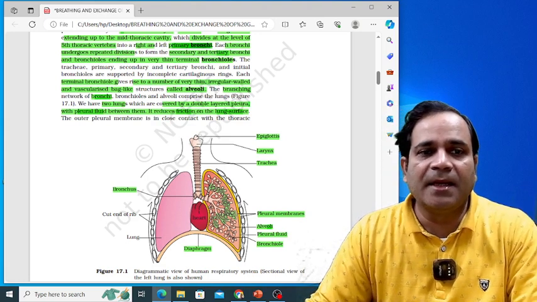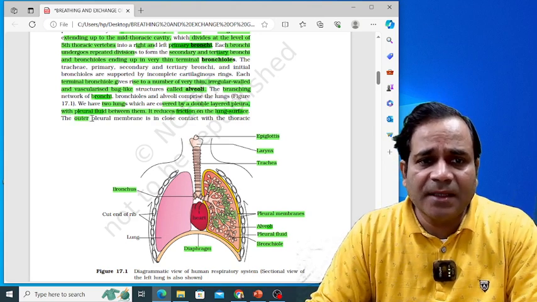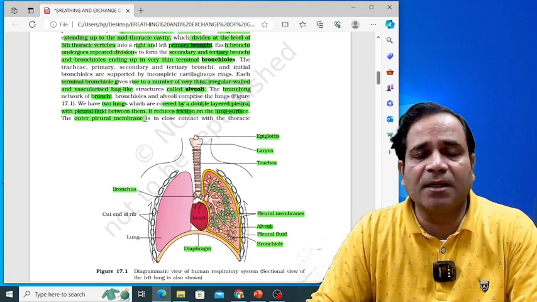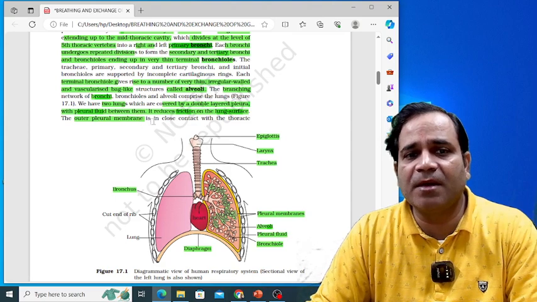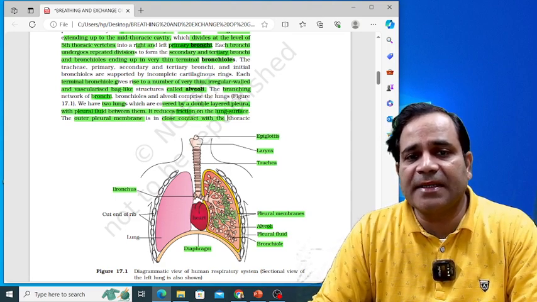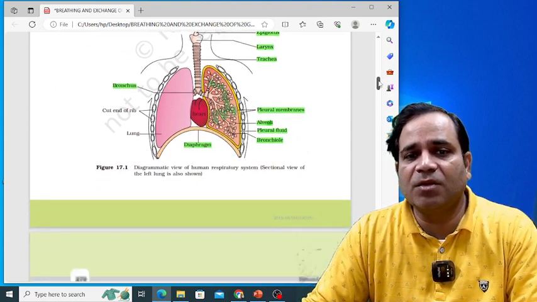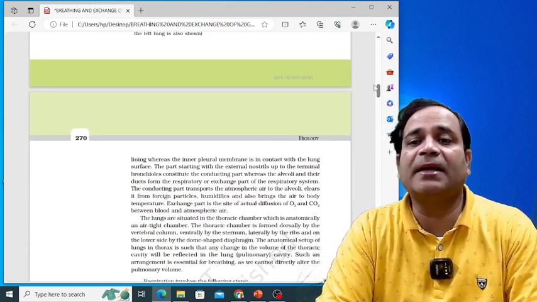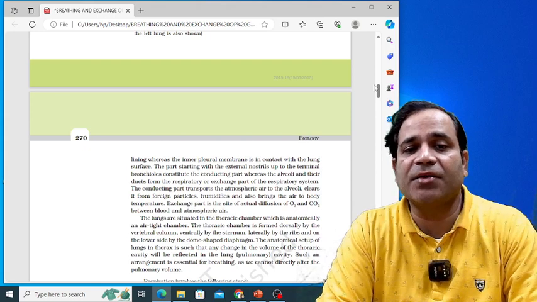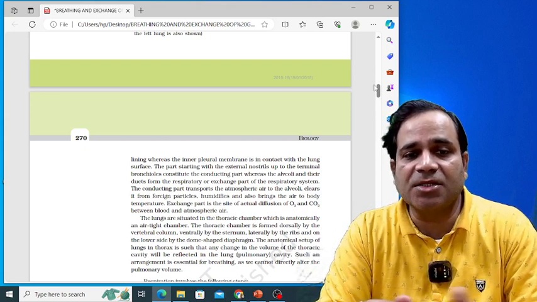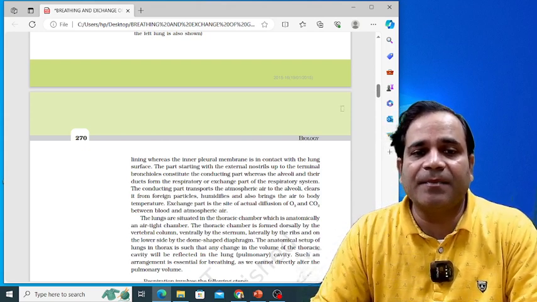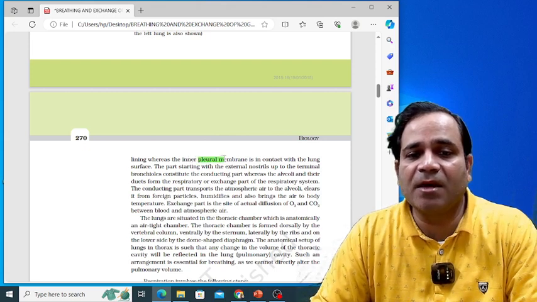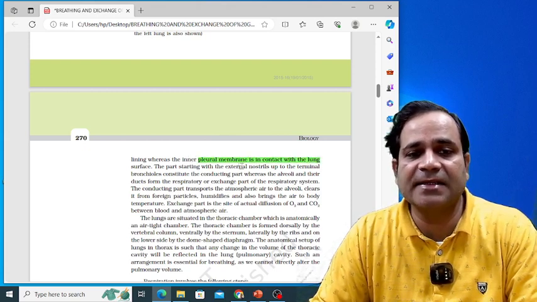Very good. Now the outer pleural membrane, in the double-layered membrane, is in close contact with the thorax, while the inner pleural membrane is in contact with the lung surface.